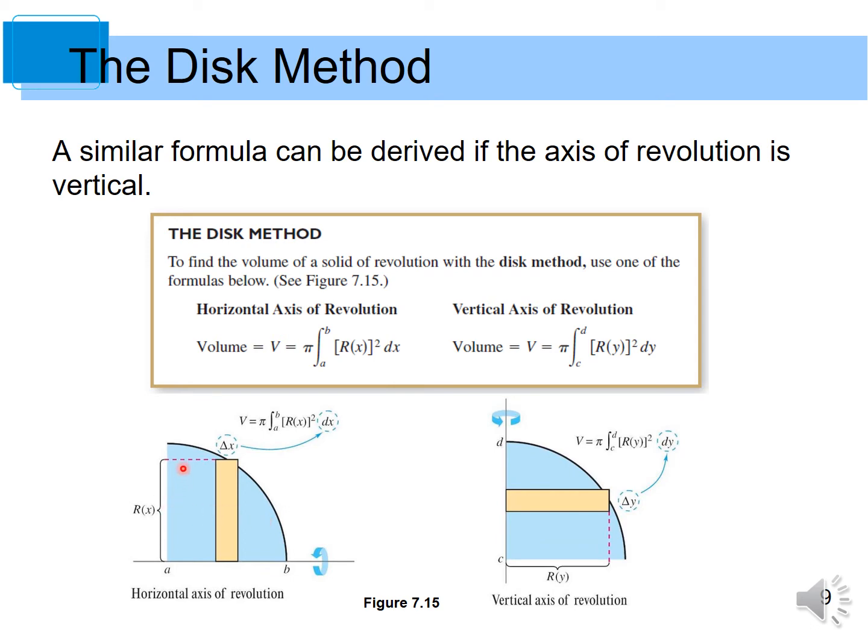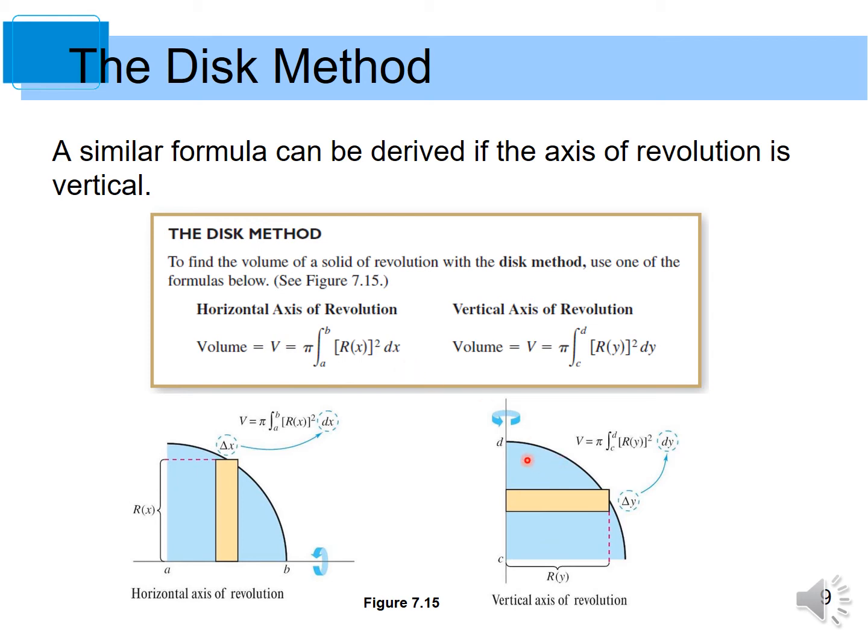If the plane region is revolved about the horizontal axis, we use the vertical rectangle, and because the width of the vertical rectangle is delta x, we integrate with respect to x.